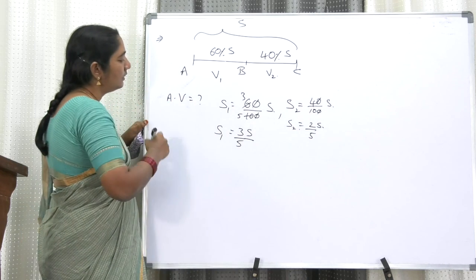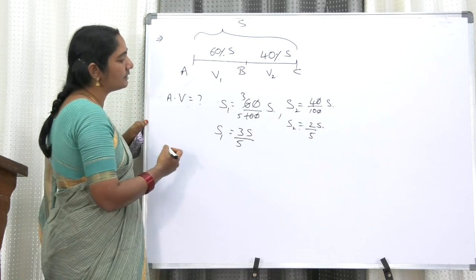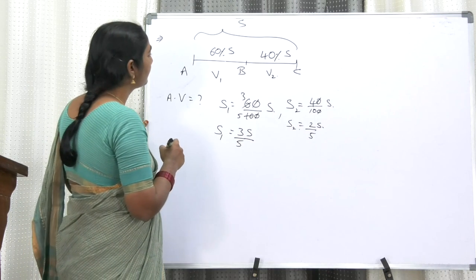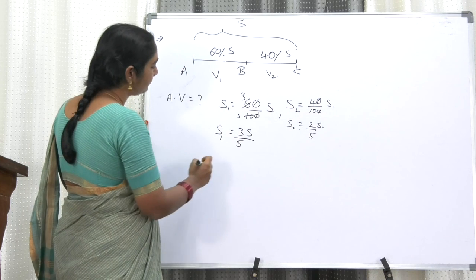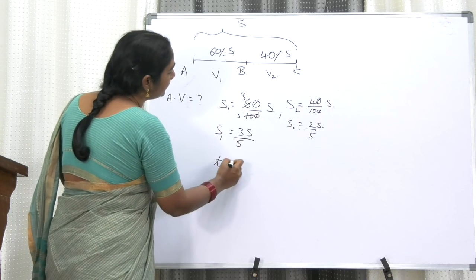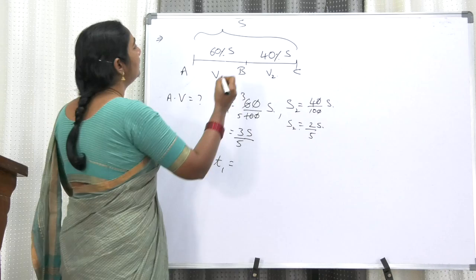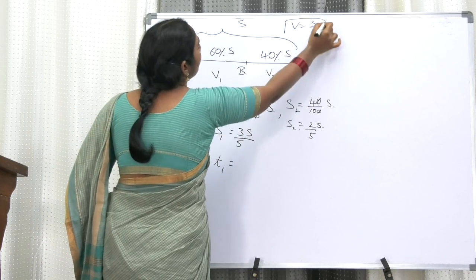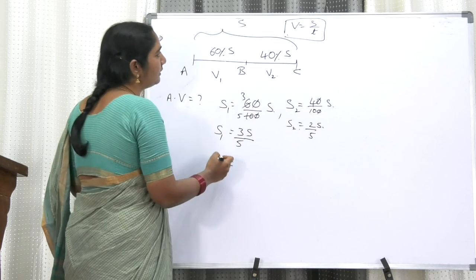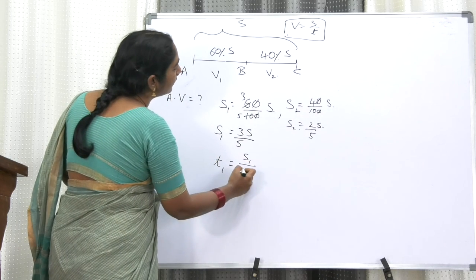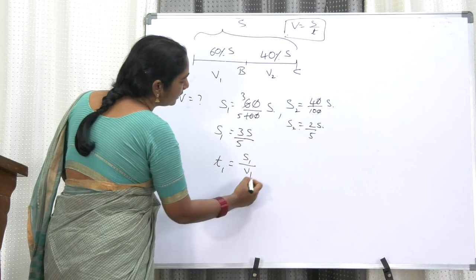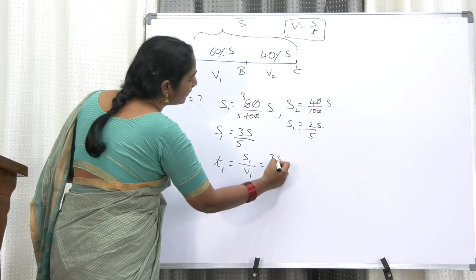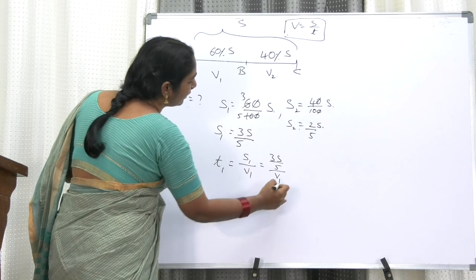Now average velocity is total distance by total time. Now time t1 is equal to, see, velocity is equal to distance by time, already we know this. So t1 is equal to S1 by v1. S1 is known to us, that is 3S by 5, divided by v1.